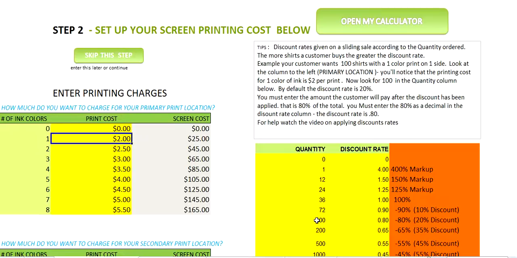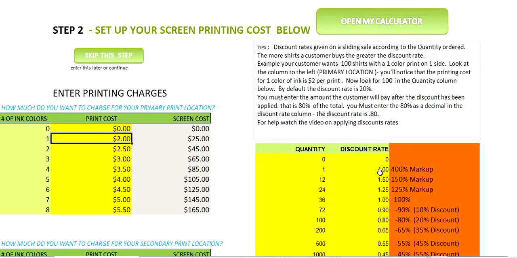But in order for you to get the right figures put into the calculator, you're not going to put in 20%, the amount of the discount. You're going to put in the amount that the customer will pay. So the customer is going to pay 80% of the normal price. You get it? So instead of putting in 0.20 here, you would put 0.80.